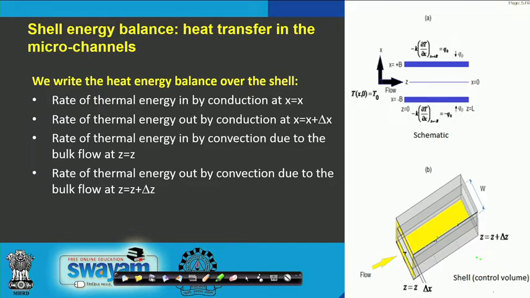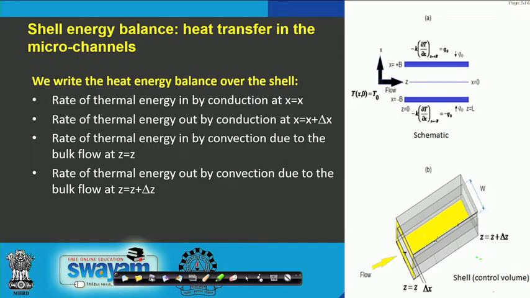So, for the cell balance, as you see, we consider the rate of thermal energy in by conduction at x equal to x. As you look at the cell, the rate of thermal energy out by conduction is at x equal to x plus delta x.